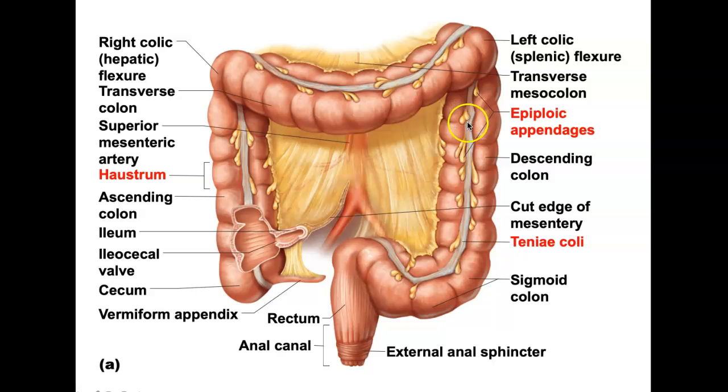The other thing is these little appendages, which are going to fill with fat. Something I'm going to mention later, but since I have the image in front of me, I'll explain it now. This is why fiber is really important in your diet, because fiber is indigestible. We can't break down some of these really complex carbohydrates.